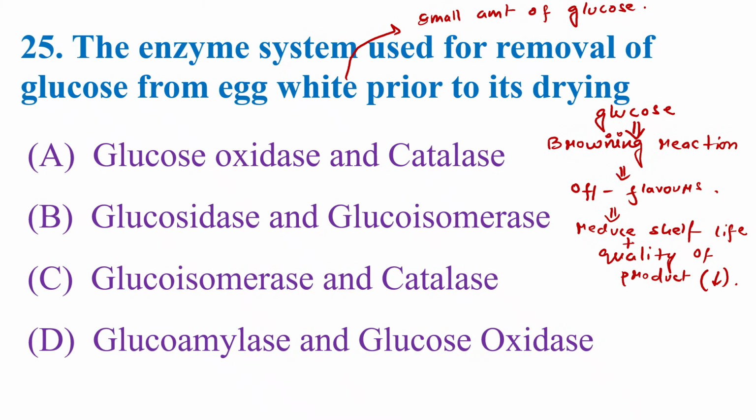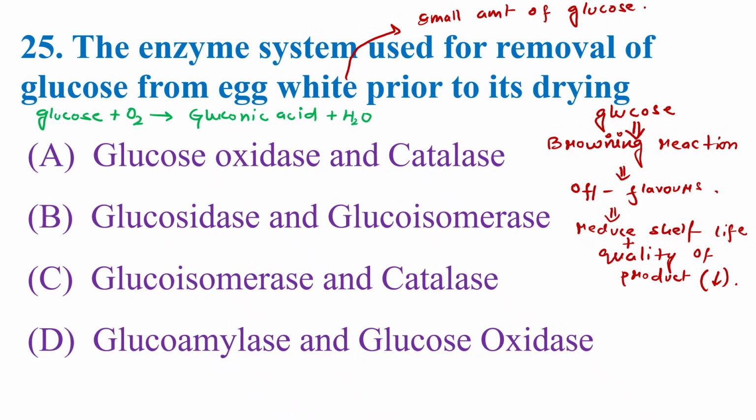First one is glucose oxidase. This glucose oxidase converts glucose to gluconic acid, and in this process oxygen is consumed and hydrogen peroxide is formed.